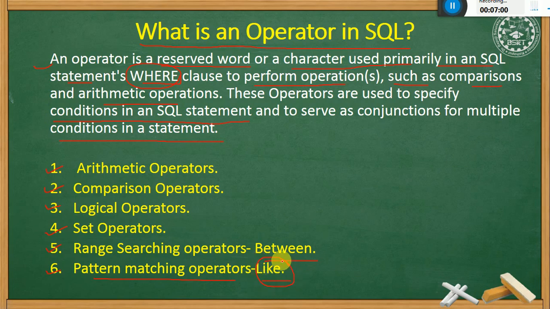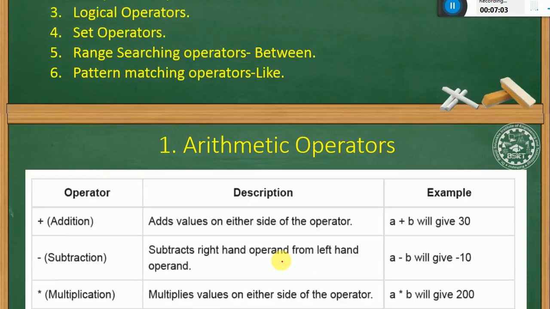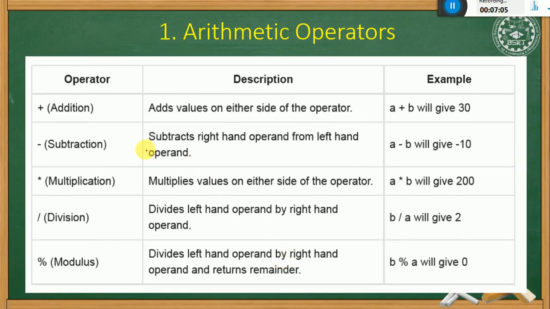So like is the pattern matching operator. My dear students, in this video lecture we are only discussing which are the different operators. We can implement all these operators on the table and see the outcome. Then you can easily understand this concept.